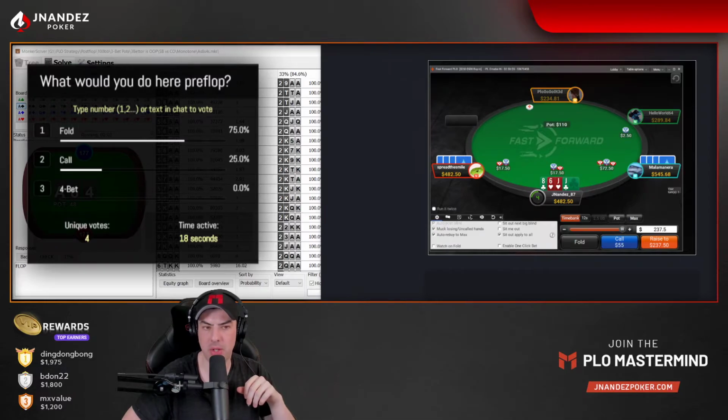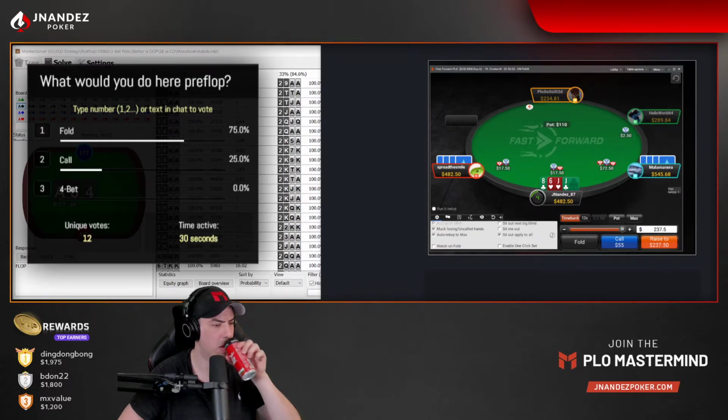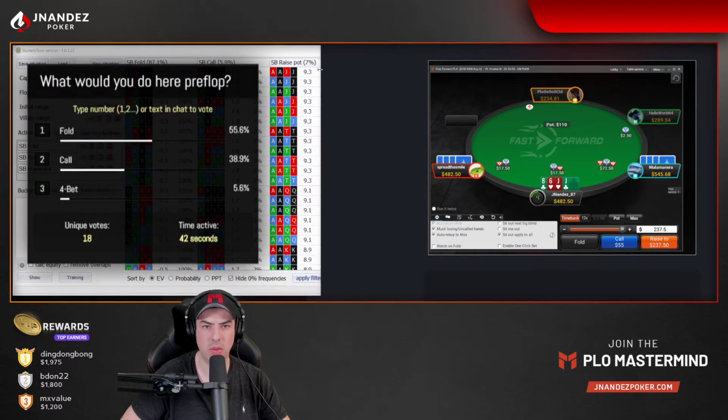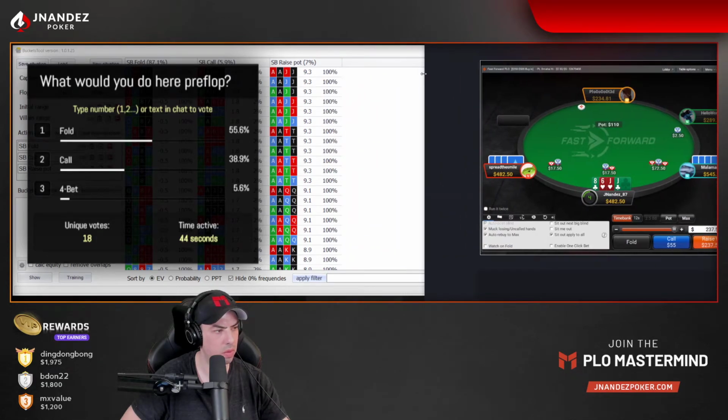If you use the number, it will be recognized by the system, and you are influencing the poll at the top. A lot of folds here.